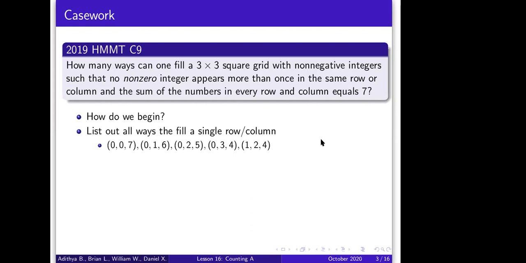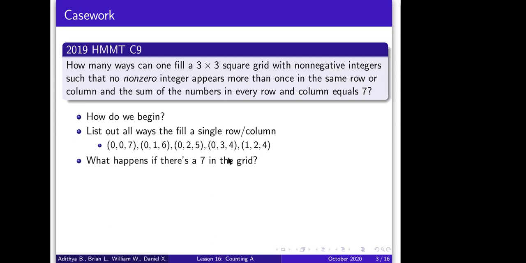So let's try to take cases. In this situation, it's more reasonable to consider what happens if we have a large number first, because the large number limits what we can have in the grid. So suppose that we have a 7 in the grid. So there's a 7 0 0 row and a 7 0 0 column.